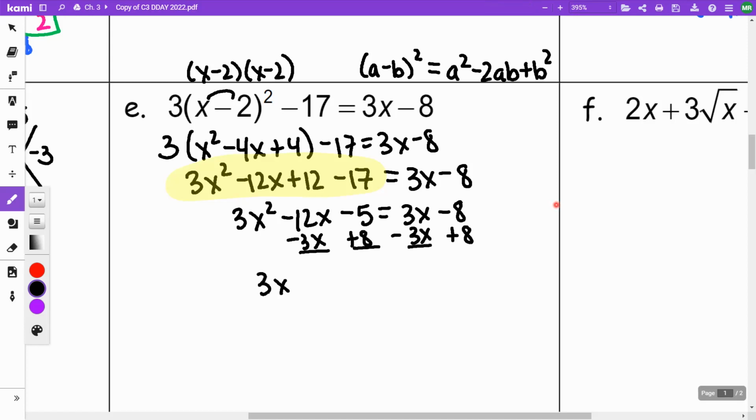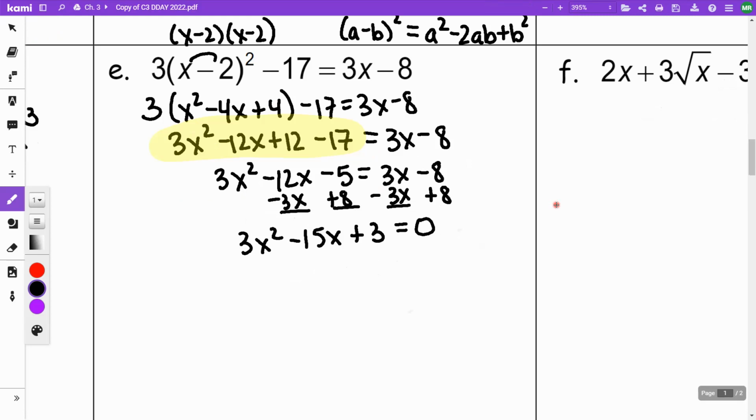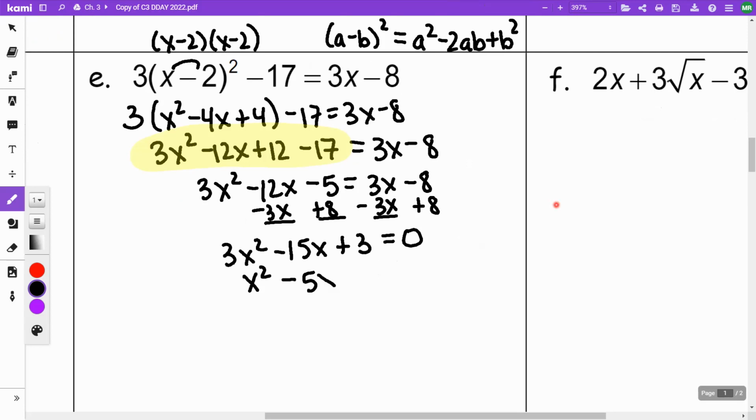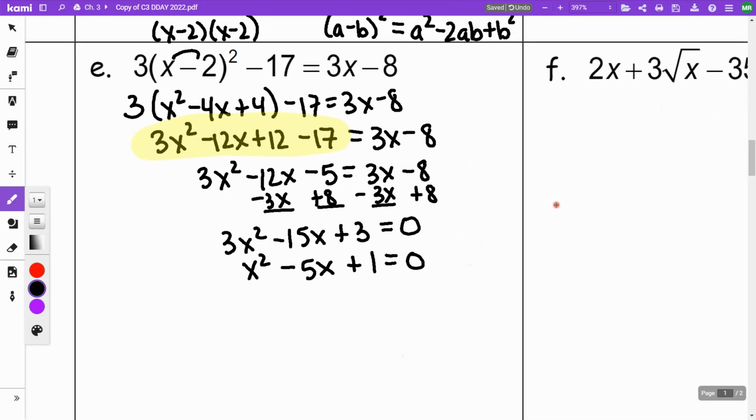So I'm going to get 3x squared minus 15x plus 3 is equal to 0. Now, at this point, I can, if I want, divide everything by 3 and get x squared minus 5x plus 1. That's what I personally would do.